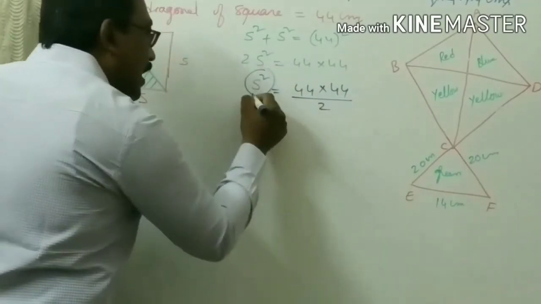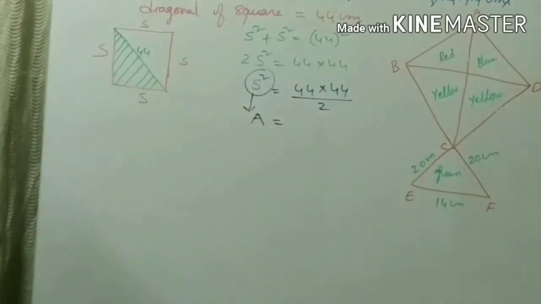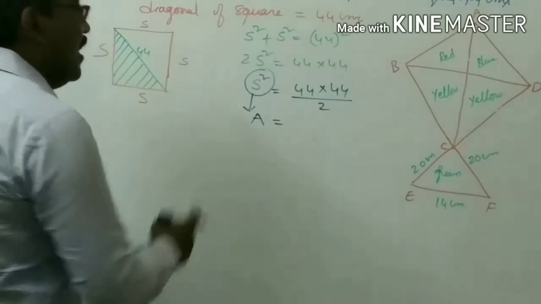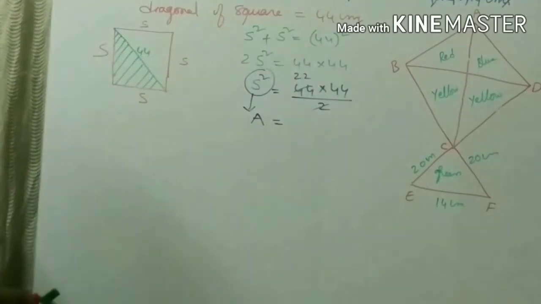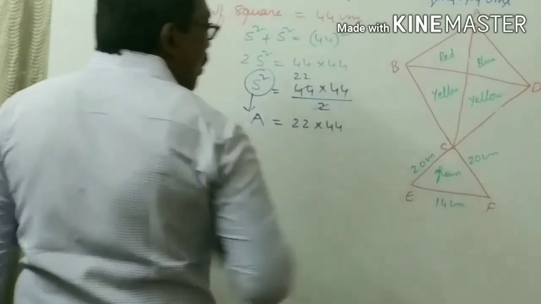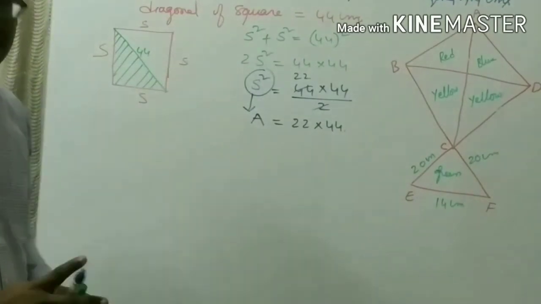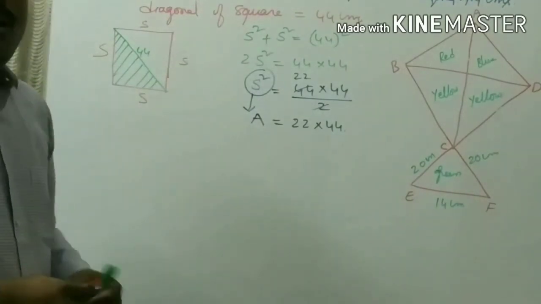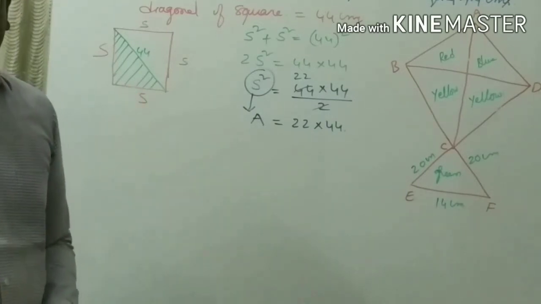Side square is nothing but area of square, area of square formula, right. So how many times it is cancelled? 22 times. Now area is equal to how much we got? 22 into 44. Actually, we don't want area of square completely. Here you should apply your logical thing instead of multiplying 22 into 44 and all.